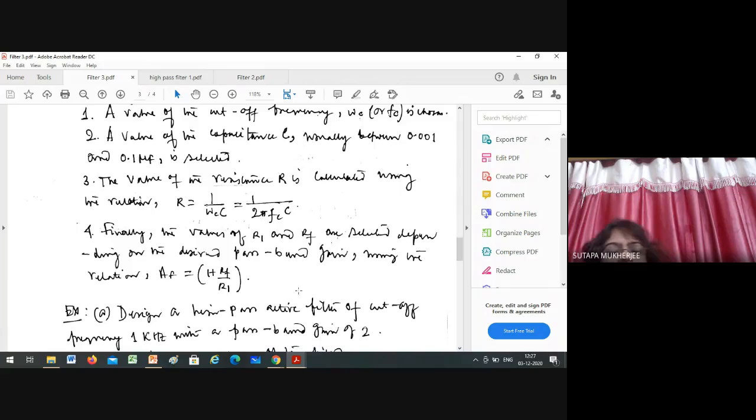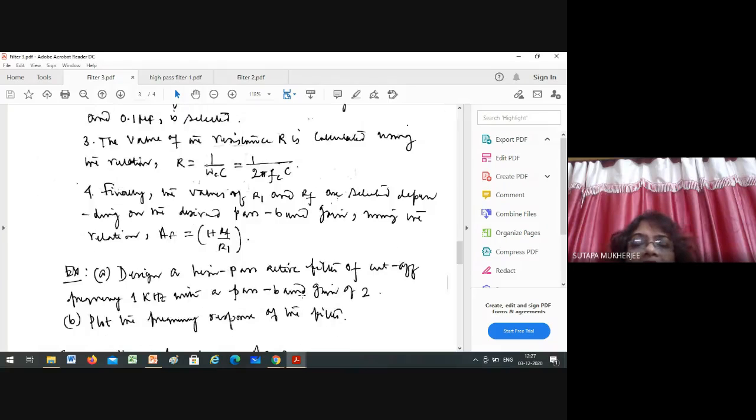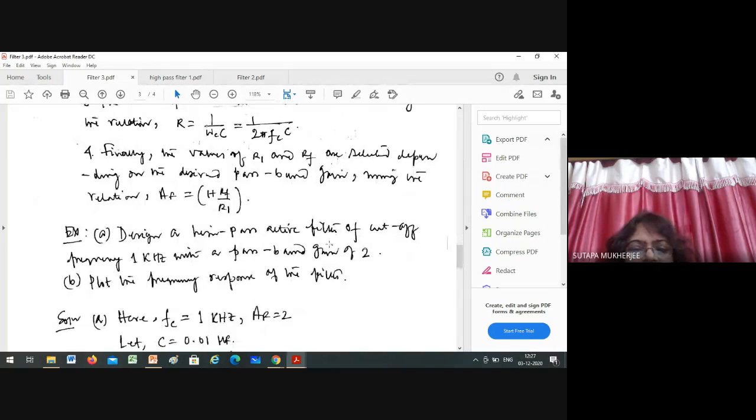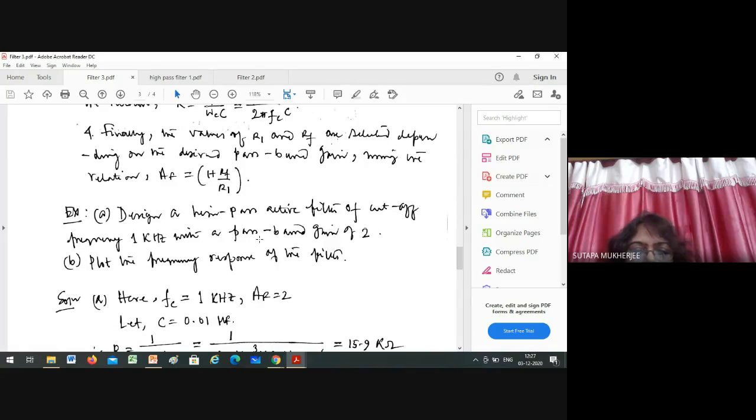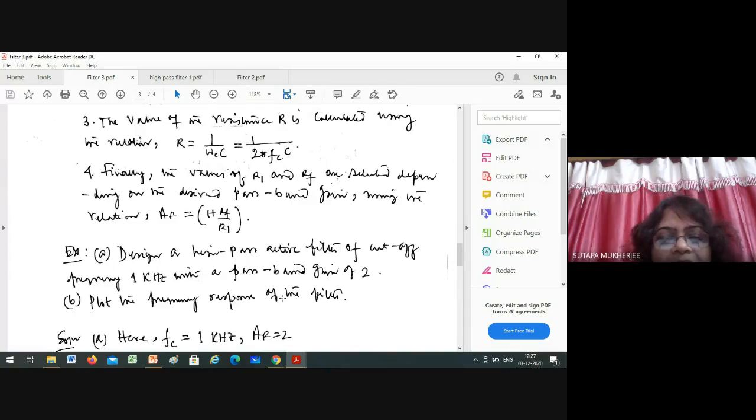That depends on whether you will design high pass or low pass. Now here is a problem. Design a high pass active filter of cutoff frequency 1 kHz with a pass band gain of 2 and plot the frequency response of the filter. Just write down the problem and do it right now. First, AF is 2 and cutoff frequency is 1 kHz.